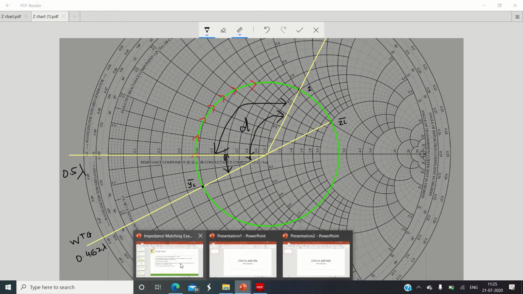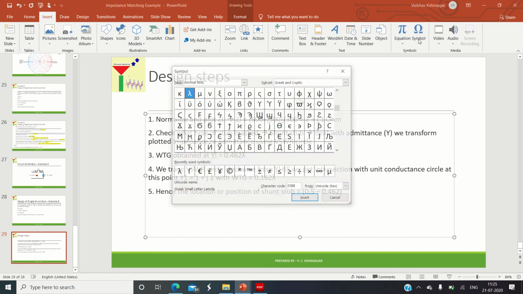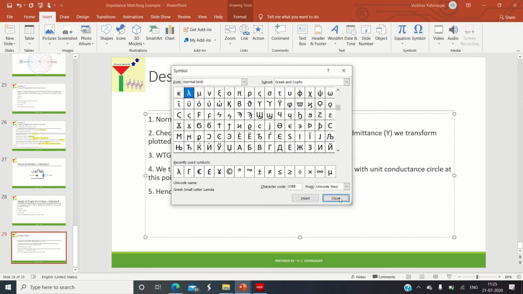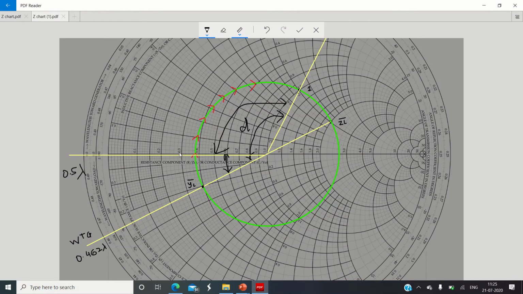So here I will write the equation. First, (0.5 minus 0.462) lambda, bracket complete. Okay, so this is the first path, right? And to this distance we need to add the next distance. So what is the next distance? From 0.5 to this particular line.